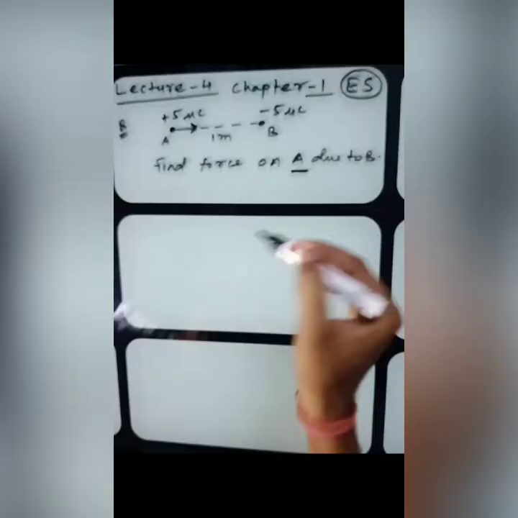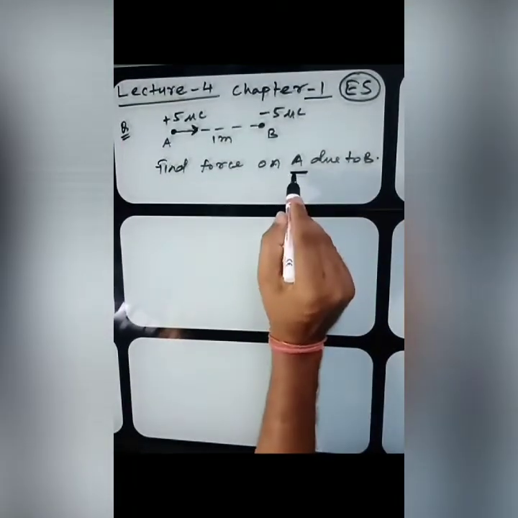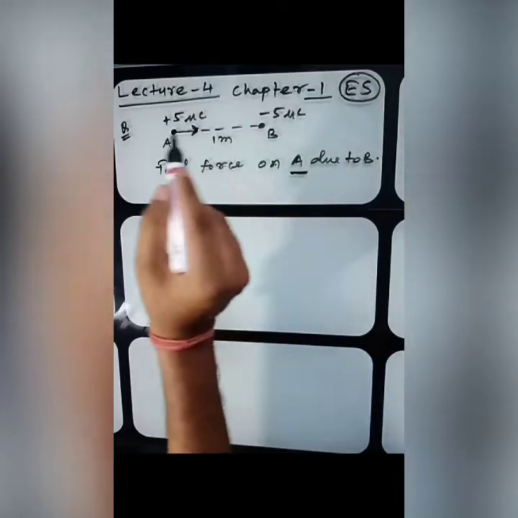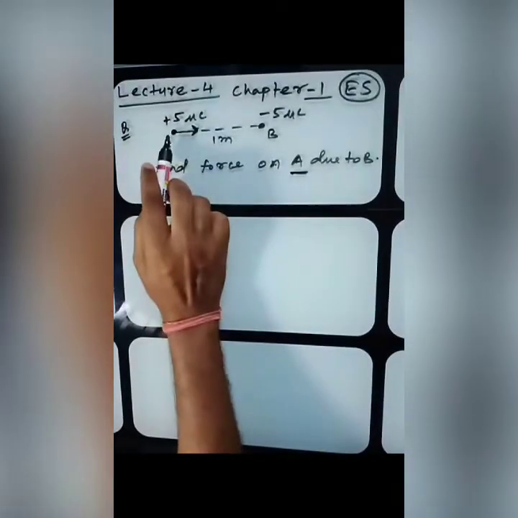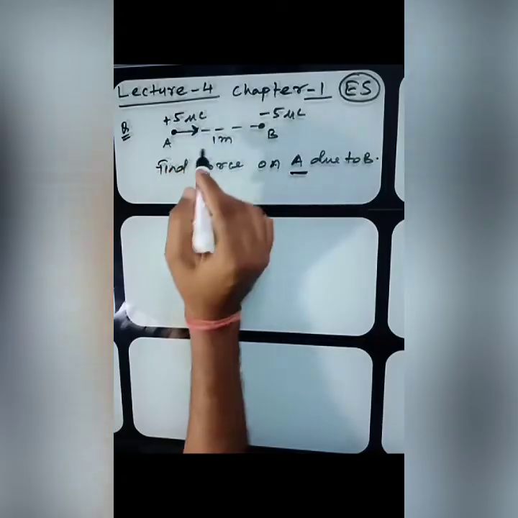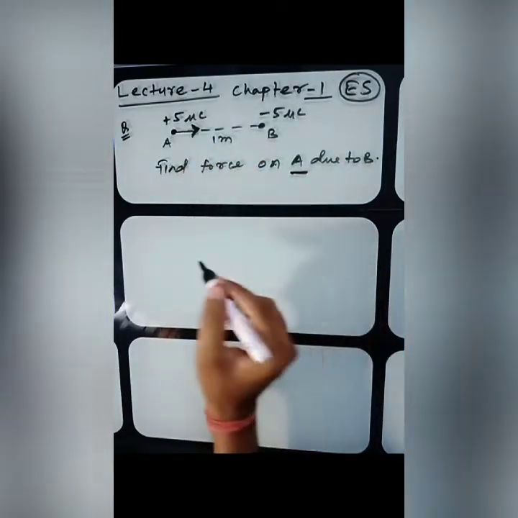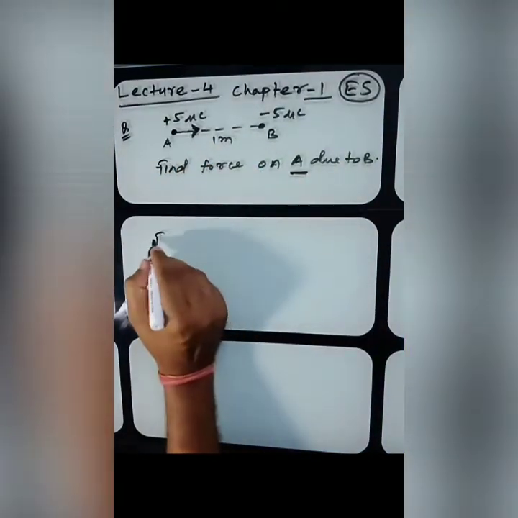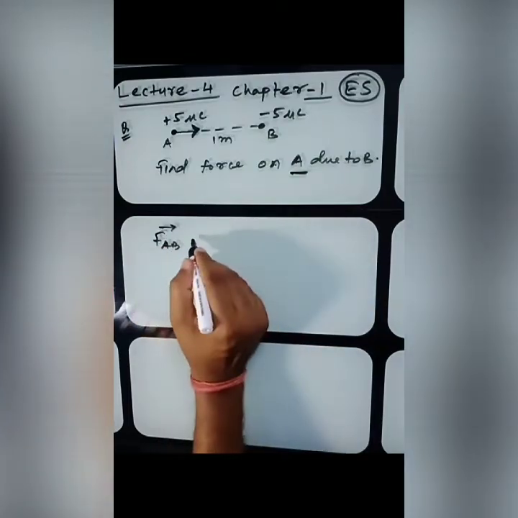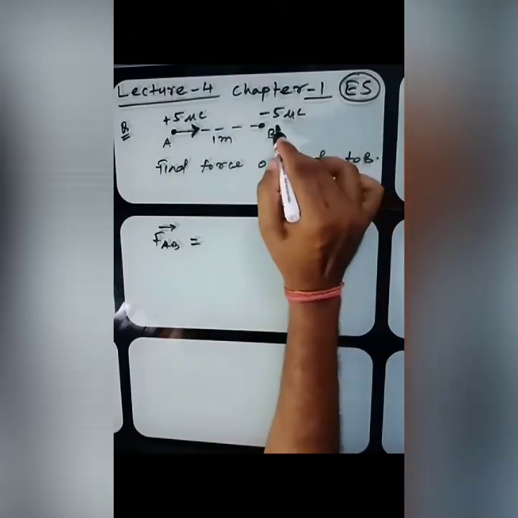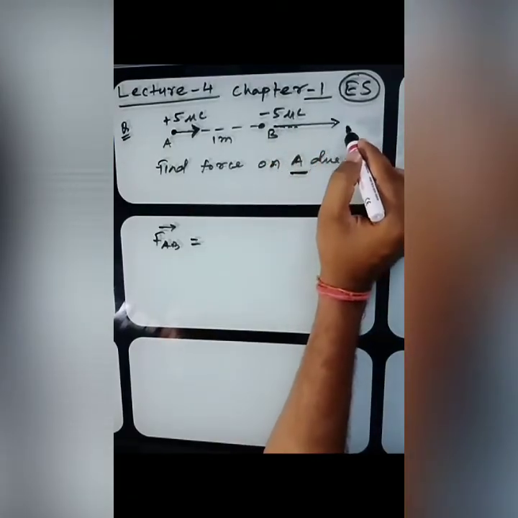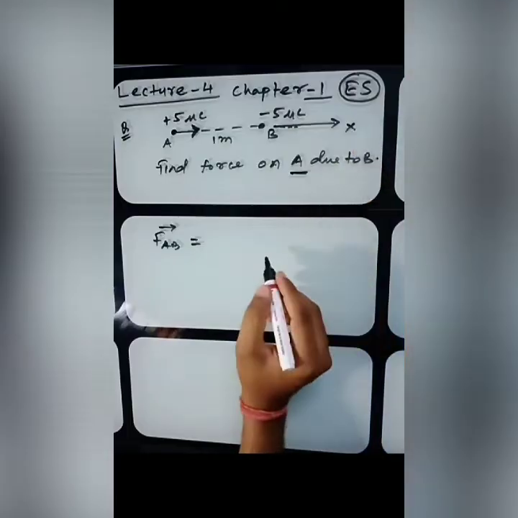On which charge you have to find the force, try to focus. You have to find the force on charge A and A will move towards B. So you have to put the arrow from A to B in this way. Now the force on A due to B, you can write here. If this is the x-axis, in a question if axes are not given, then you can put axes by yourself.